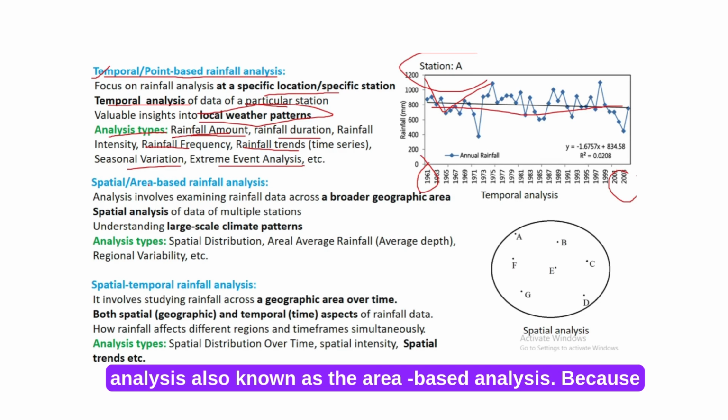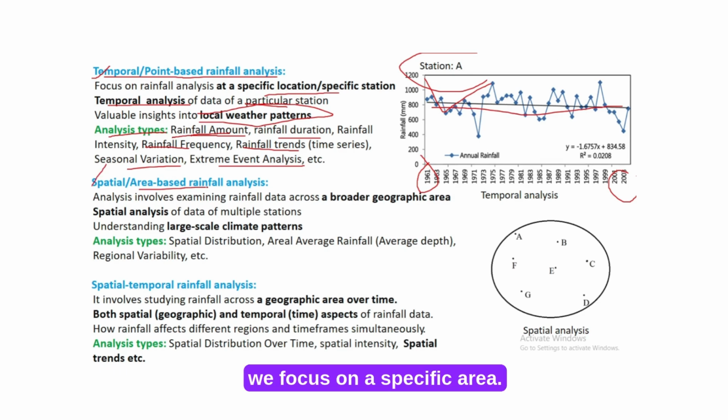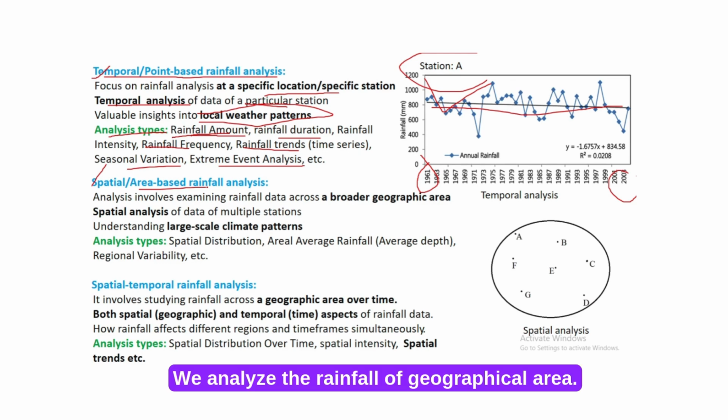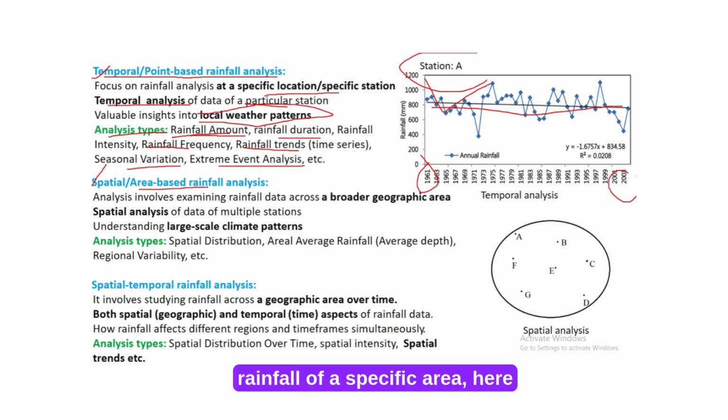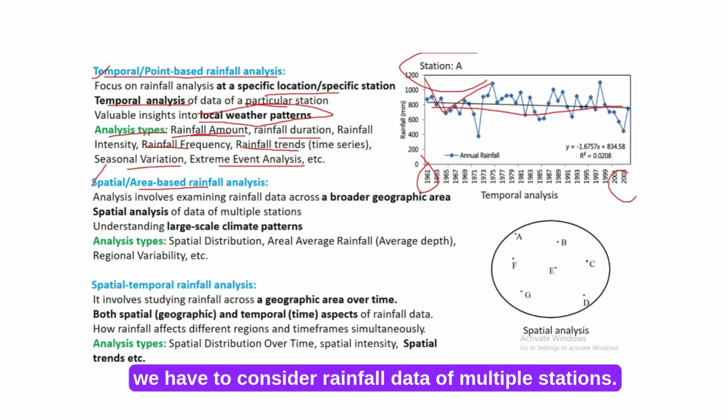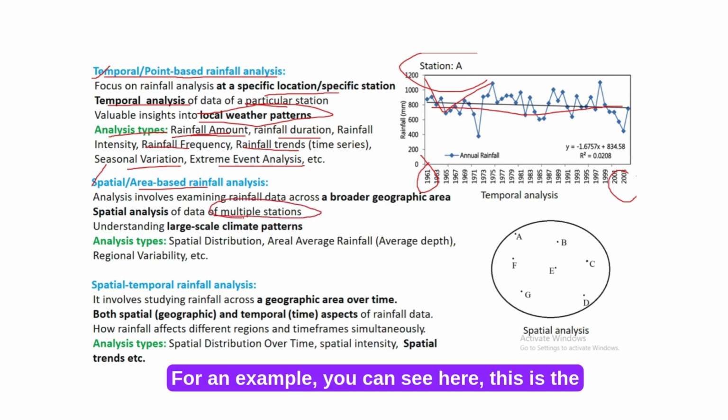And spatial analysis, also known as area-based analysis, because we focus on a specific area. We analyze the rainfall of a geographical area. To analyze the rainfall of a specific area, we have to consider rainfall data from multiple stations. For example, you can see here this round-shaped area.